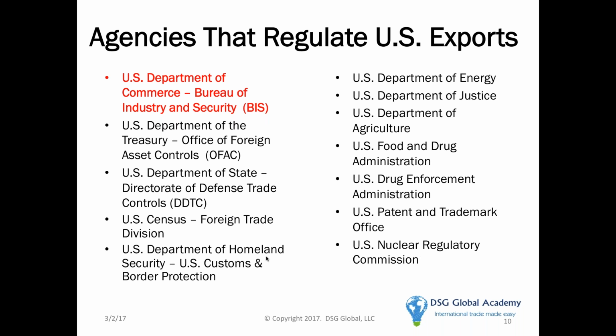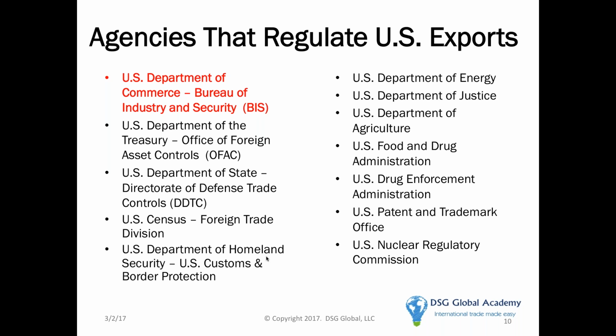The agencies that regulate export are many, and there are many agencies that have rules covering exports, but the primary one is the Bureau of Industry and Security. When you deal with foreign embargoes, like what used to be an embargo on Cuba or Myanmar, which are no longer in effect, but also an embargo on Iran or Syria or Crimea, then the Treasury Department's Office of Foreign Assets Control is the main agency.